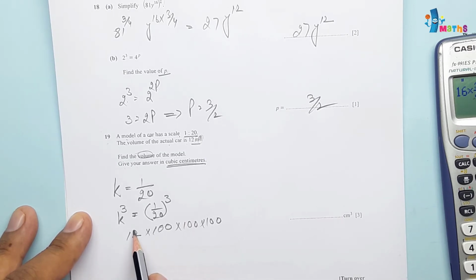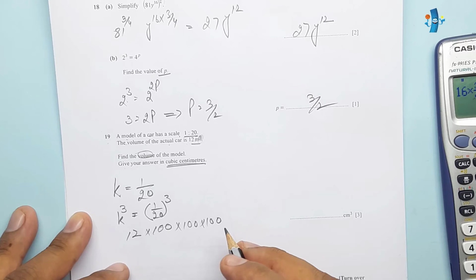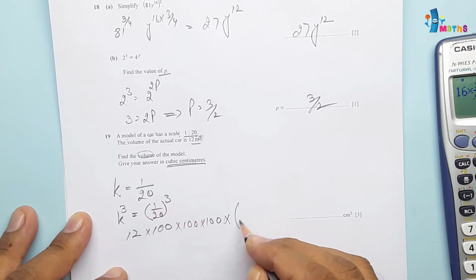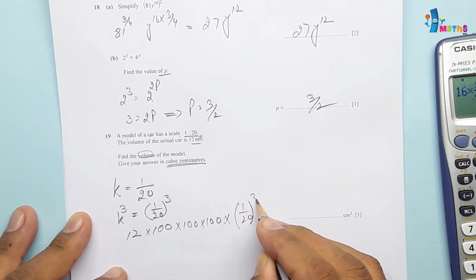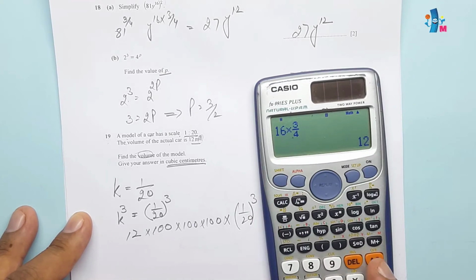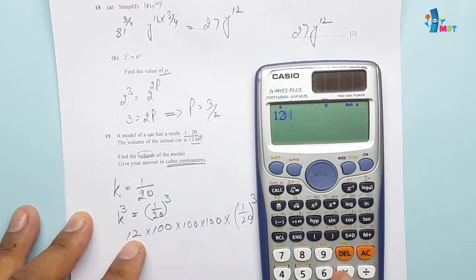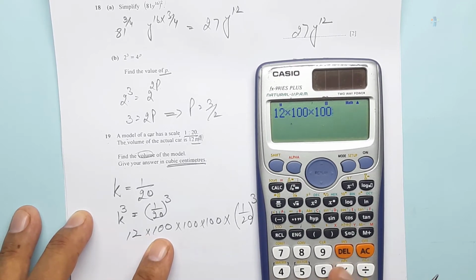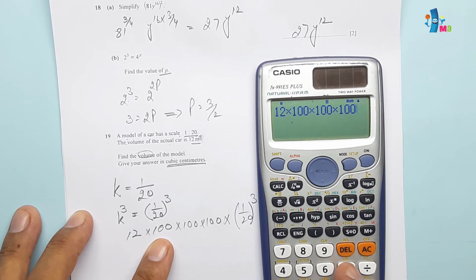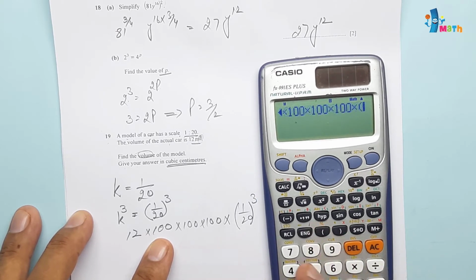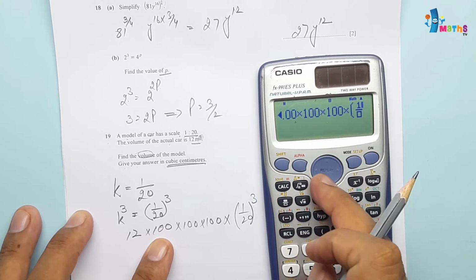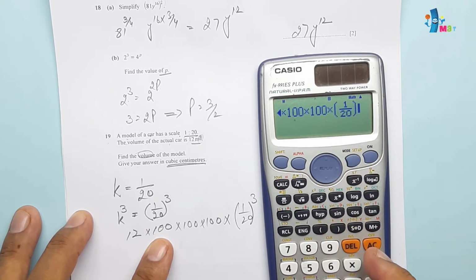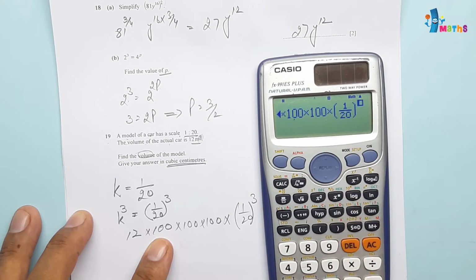So this is 12 multiplied by this factor, which is (1/20) raised to the power 3, and we can calculate this. 12 multiplied by 100, multiplied by 100, and again multiplied by 100, and multiplied by the fraction 1/20 closed and raised to the power 3.